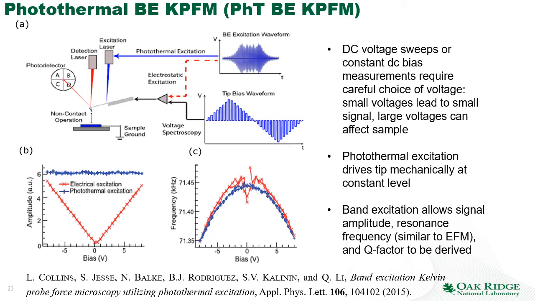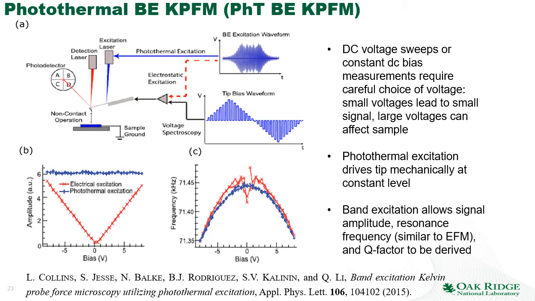Now, it turns out that we can configure the KPFM in a different way. And in this different way, rather than exciting the cantilever electrically, we can excite it mechanically. So the reason why we want to do it is because by the nature of the electrostatic interactions, the force is small when our tip bias is close to the surface bias.